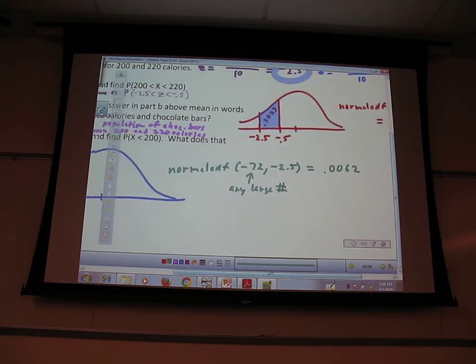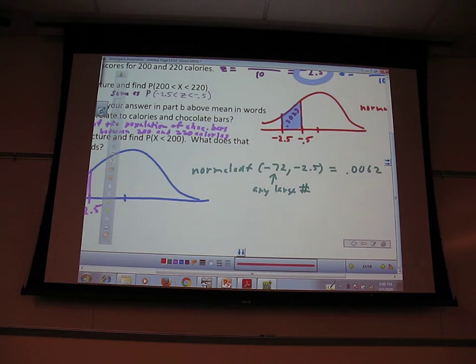What does that mean in words? Somebody else. Anjali, go ahead. 0.62% of all chocolate bars are under 200 calories. Yep.